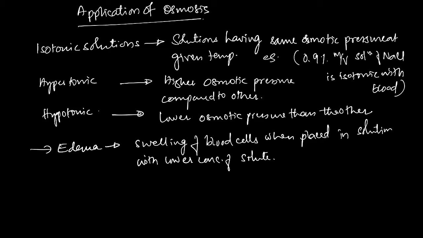So basically, if blood cells are kept in solution with a lower concentration of NaCl, that is hypotonic with blood, then the cell will puff or swell. That's due to the movement of solvent, that is water, from outside into the cell. So when water passes from outside the cell membrane into the cell, it becomes swollen. So this phenomenon is edema.